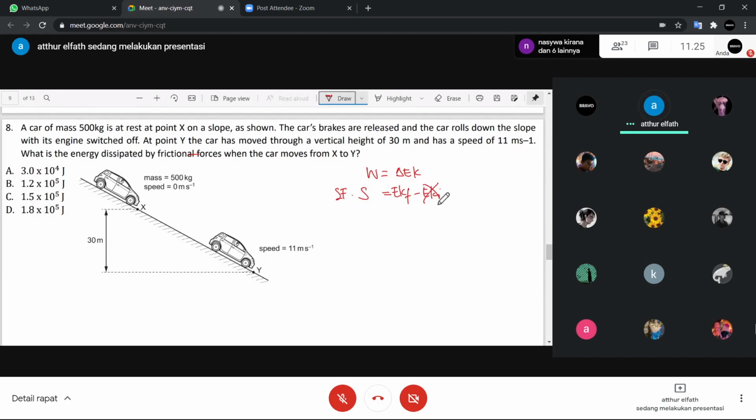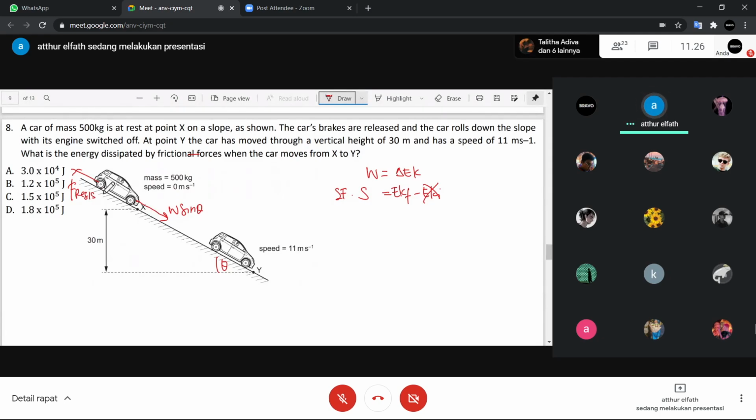Then the forces acting on this car. Remember, this is W sin theta, and we don't know about the theta. What else? Of course, the force of resistance, the frictional force.